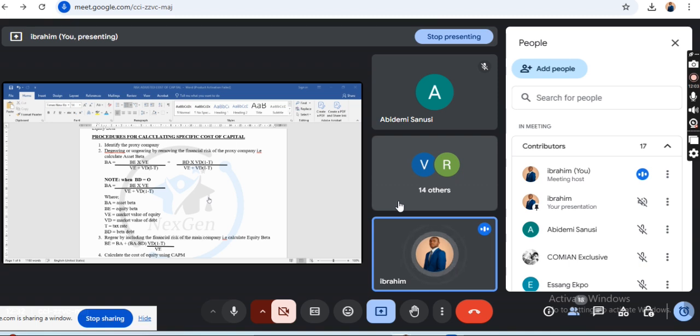identify the proxy company. Now the question is, what is a proxy company? They call it a surrogate company or proxy company. Now a proxy company is a company in the industry that Raola is diversifying into, cement.